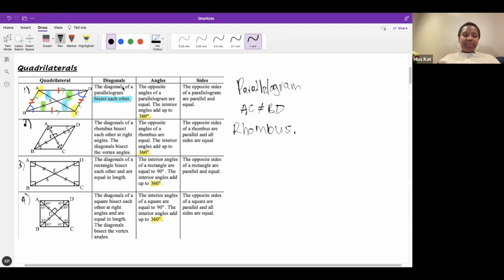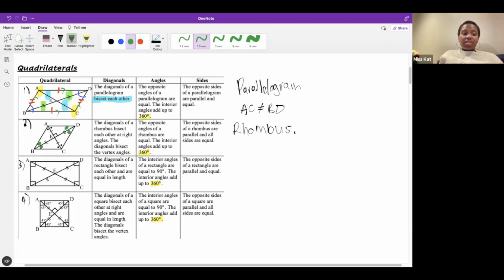It's a rhombus. So in a rhombus, first of all, let's start with the diagonals. The diagonals, again, they bisect each other, but on top of that, they also bisect the angles at the corner. So look there.